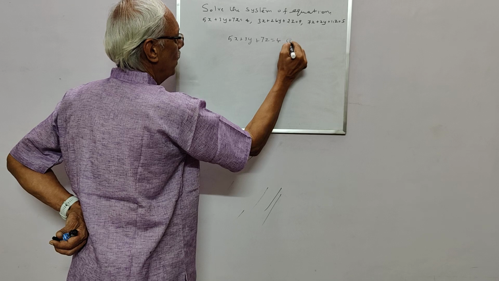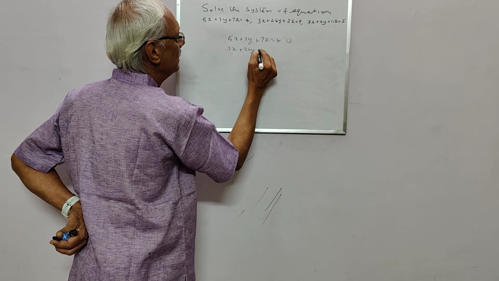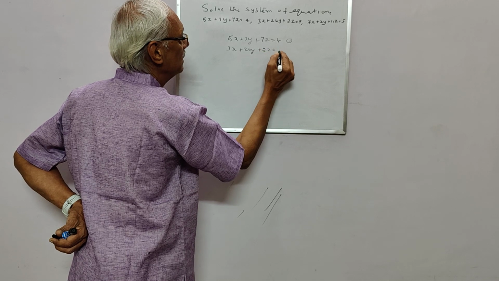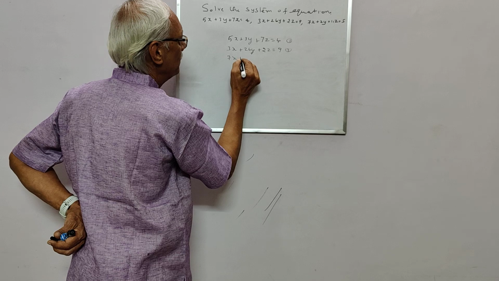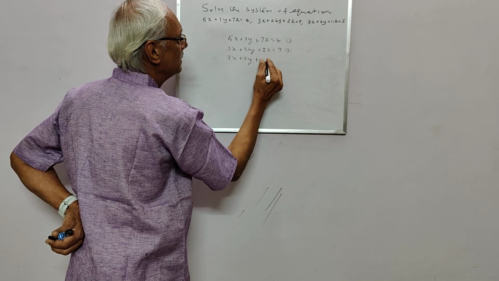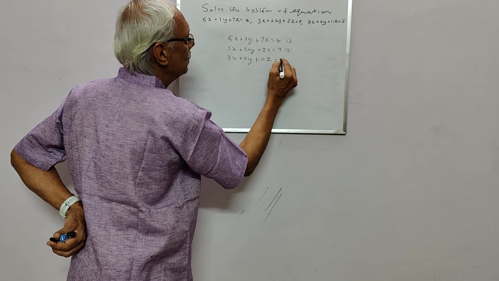And this is equation number 1. 3x plus 26y plus 2z is equal to 9. This is 2. And 7x plus 2y plus 11z is equal to 5.